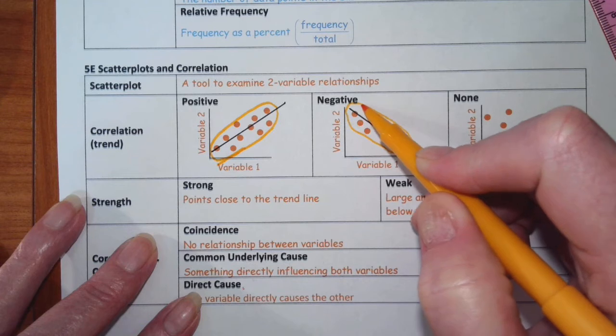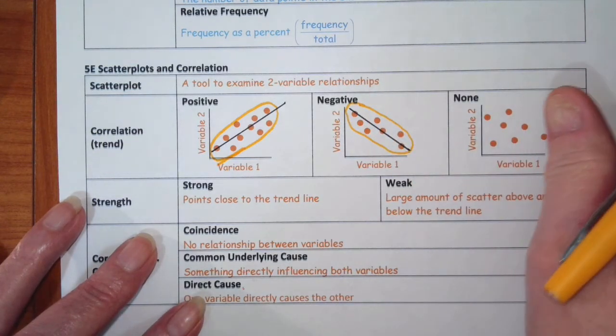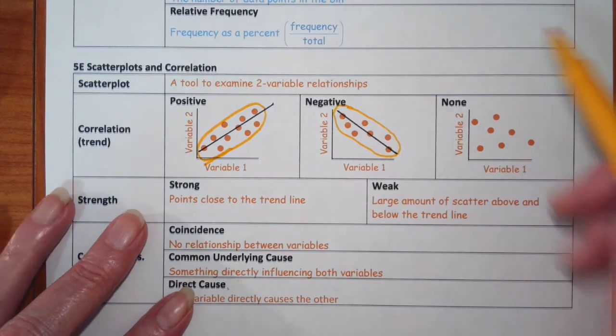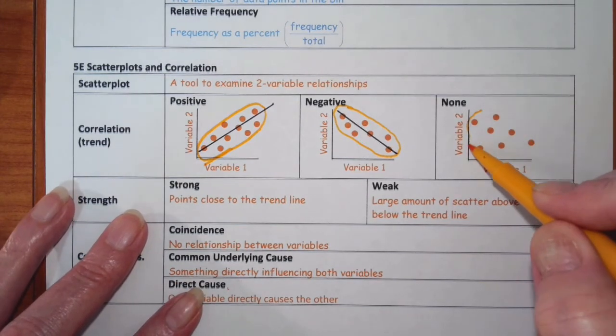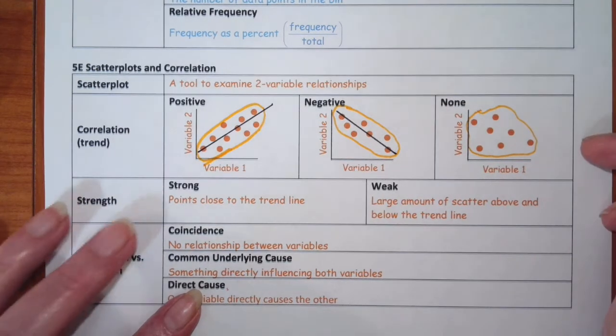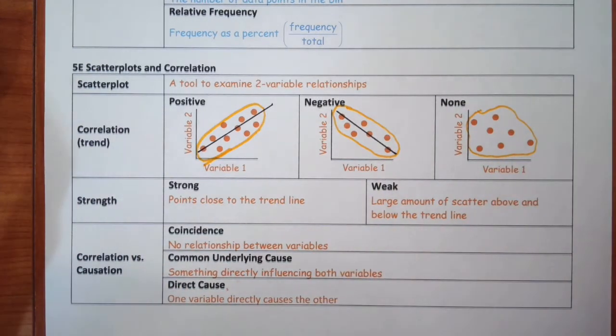This is kind of a judgment call. Mathematically, there are ways to find, it's called a correlation coefficient. And here, since there is no correlation, that's going to be a big old fat one. So the longer and skinnier it is, the closer it is to strong. The fatter it is, the closer it is to weak.